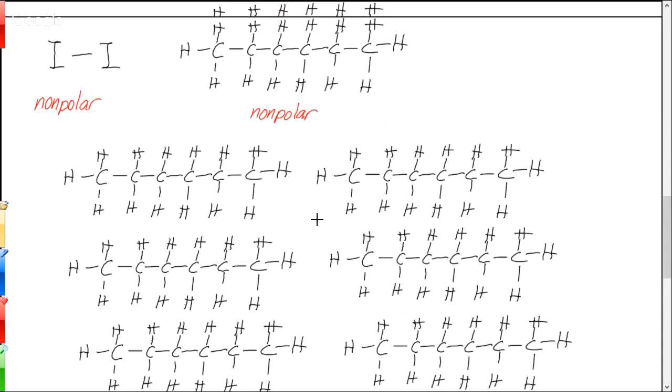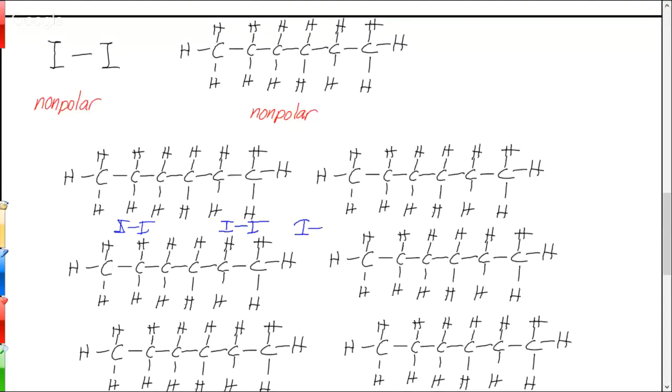It's polar. But a nonpolar thing like iodine could. Well, let me do it in a different color here. So iodine could easily kind of sit within these molecules wherever it wants because it has the same types of intermolecular forces.